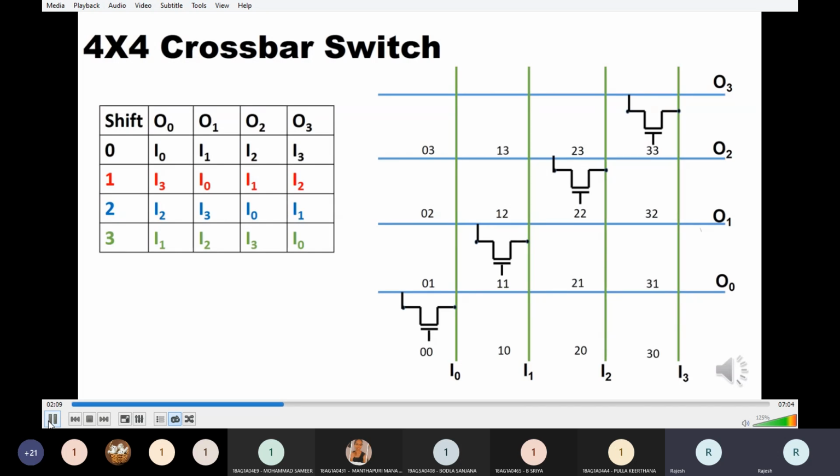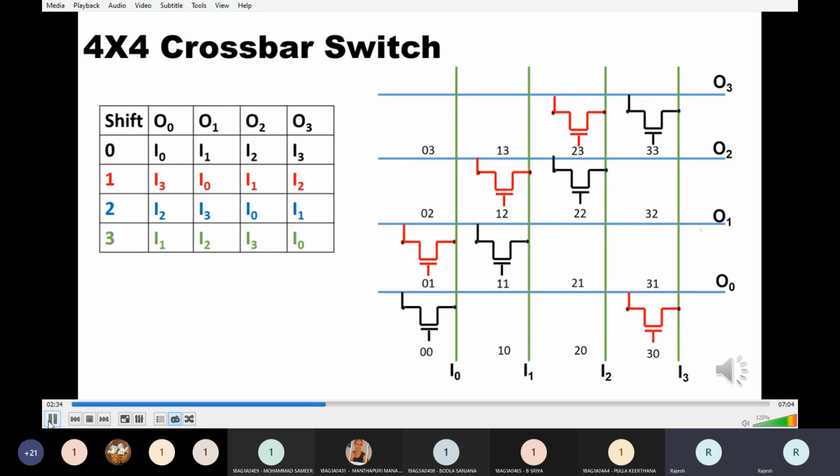Now let us suppose we want a 1-bit right shift. So input 0 must be available at output 1. For this we require the transistors 0,1, 1,2, 2,3 and 3,0 in the on state.